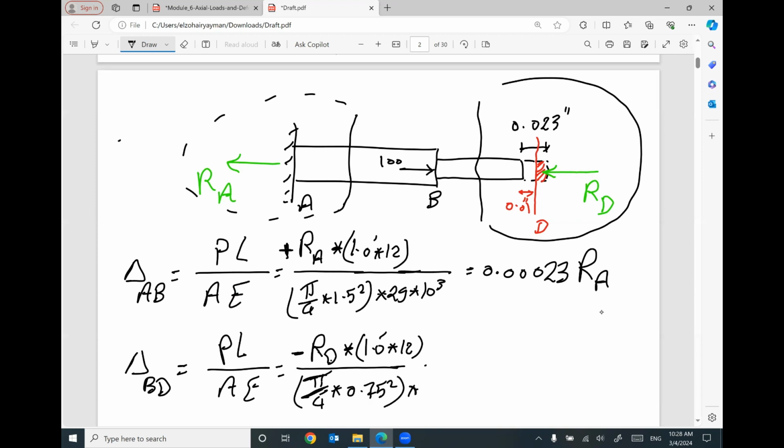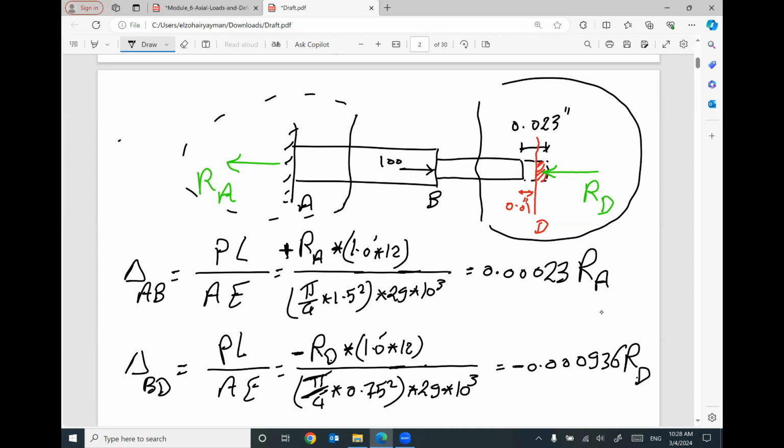Young's modulus of the material is 29 times 10 to the power 3. The elongation in this part, or the contraction because it's compression, will be negative 0.0000936 RD.